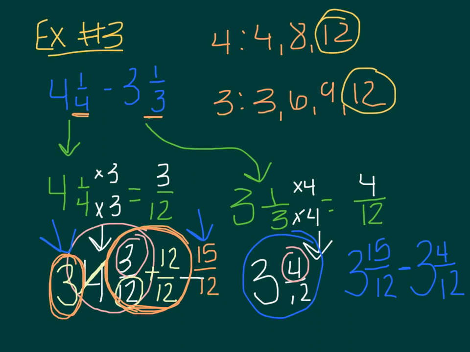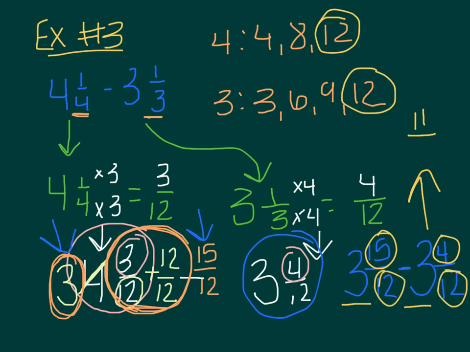And I'm going to write my answer up here because I have a little more room. So I subtract the whole numbers. 3 minus 3 is going to be 0, so I don't have a whole number anymore. 15 minus 4 is 11, and the denominator stays the same, which is 12. So the answer is 11/12.